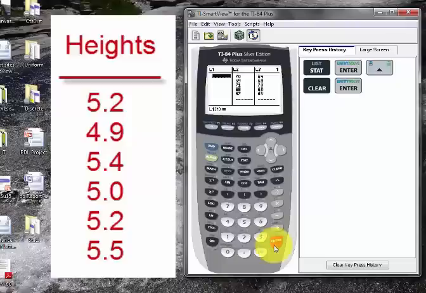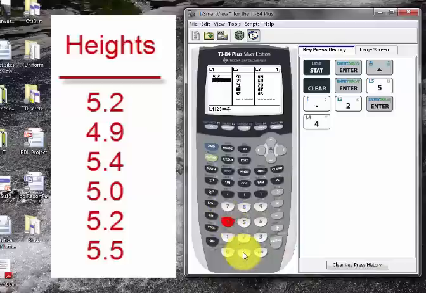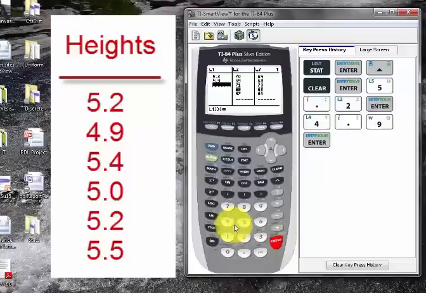And now I just type in my data values and hit enter after each one. So my first is 5.2. Enter. And then 4.9. Enter. And then 5.4. Enter.